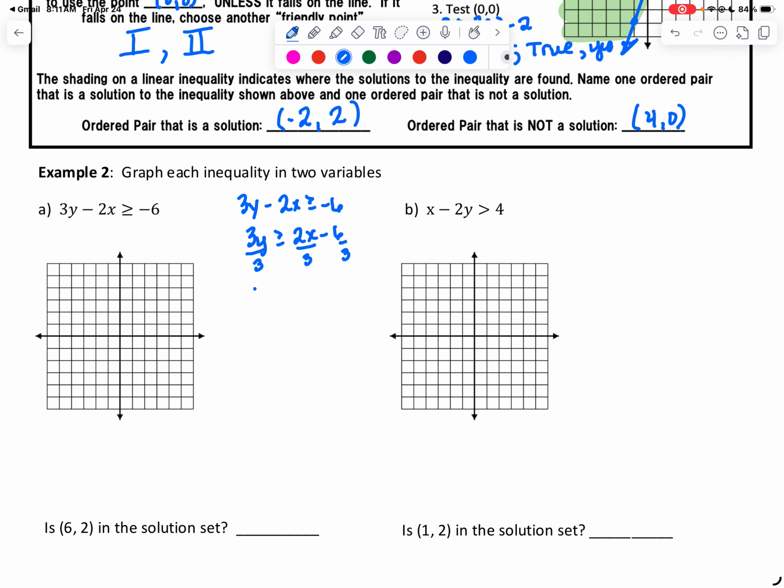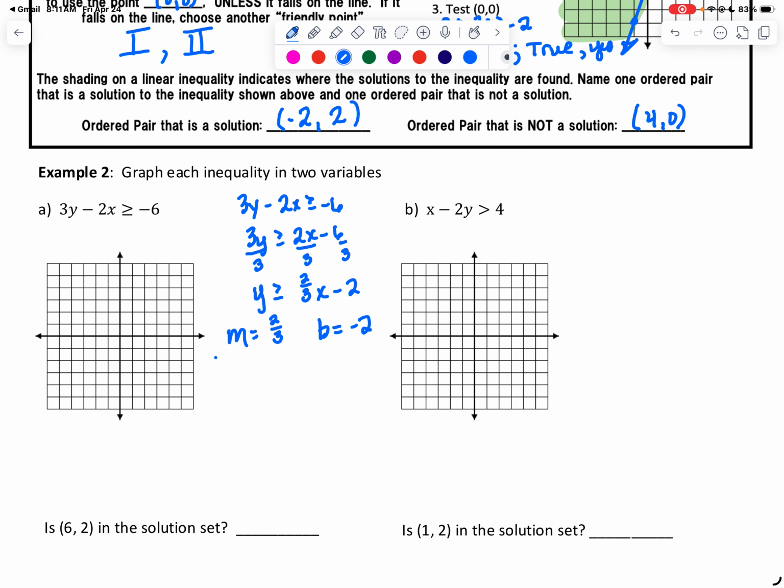That gives me y is greater than or equal to 2/3 x minus 2. So now I can identify my slope as positive 2/3 and my y-intercept as -2.